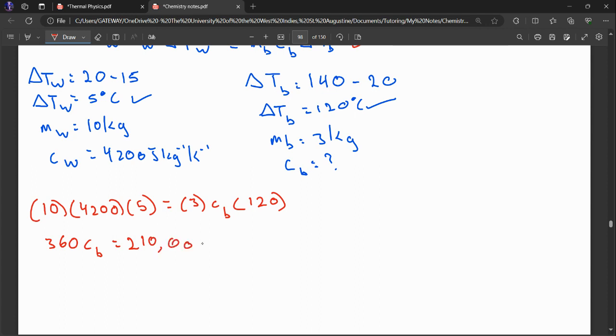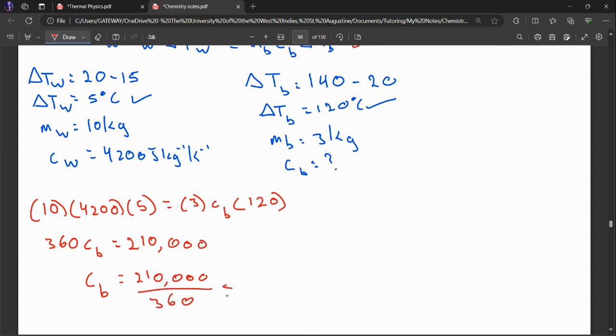210,000. That is the energy gained by the water, and that will be in joules. I don't need to put in the unit yet, I could just remove that unit for now. And the specific heat capacity is equal to 210,000 divided by 360.